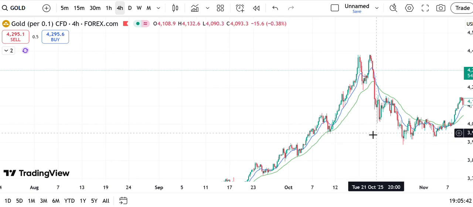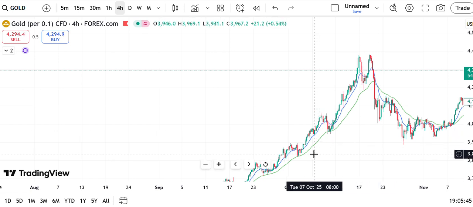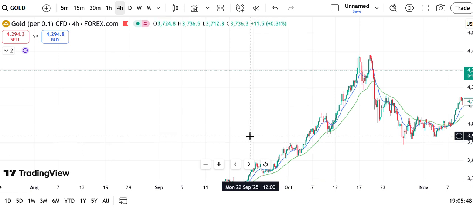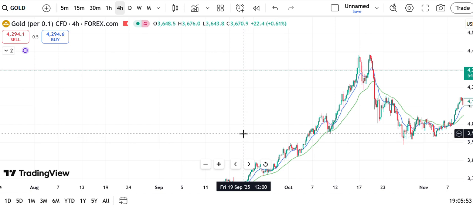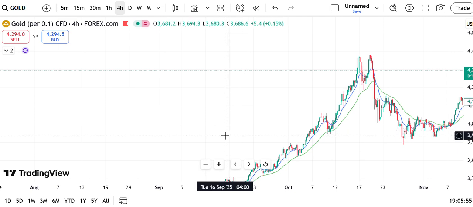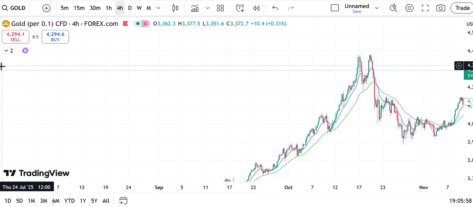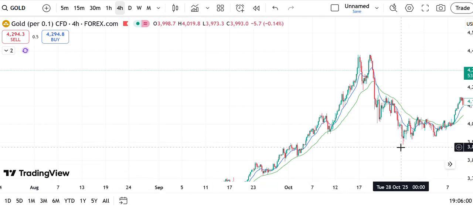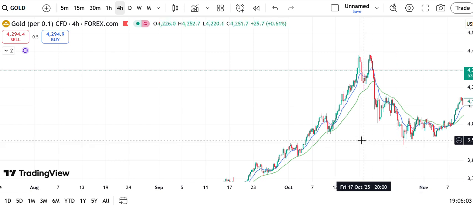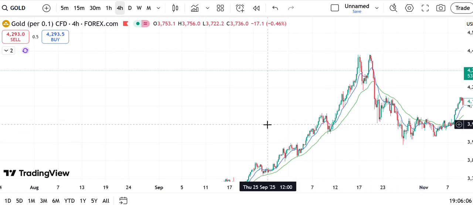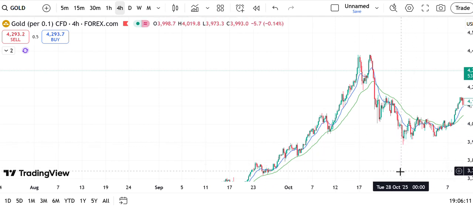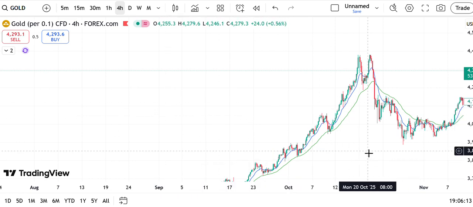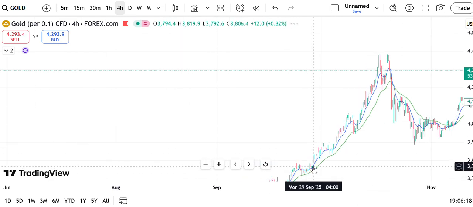Another tool that always turns out to be positive is support and resistance. When you draw good support and resistance and a good trend line, it tends to turn out positive when trading gold. So today I'm going to show you some key ways in which you can draw them on gold.